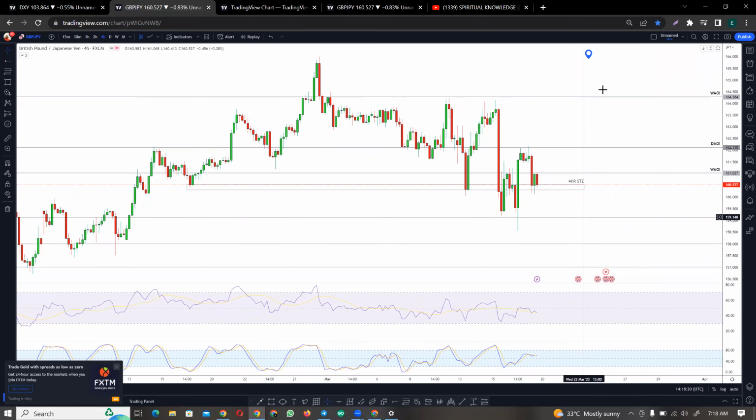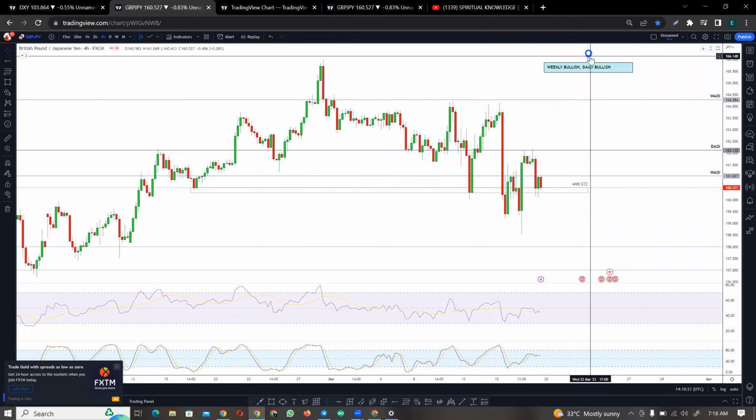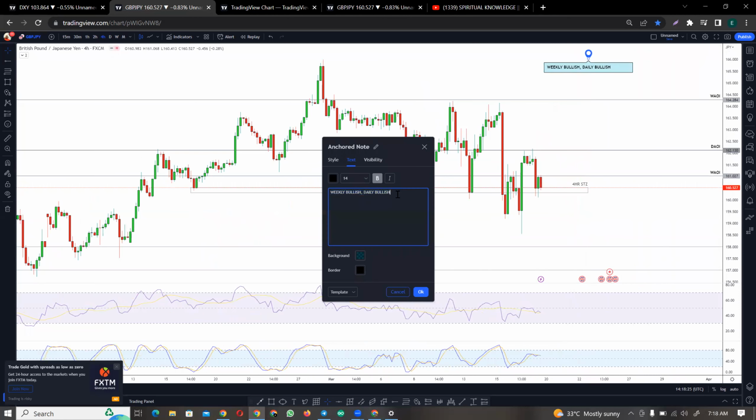So then, to avoid randomness that normally happens in the market, we would now go down to lower time frame. Seeing that we are bullish on the weekly and bullish on daily, then 4-hour, we are what? Bearish.